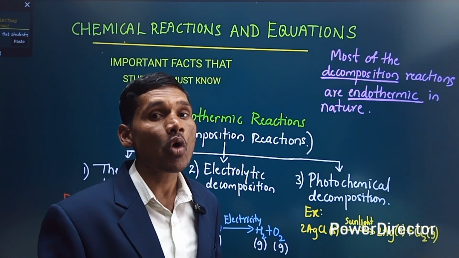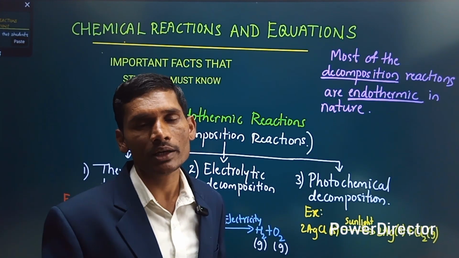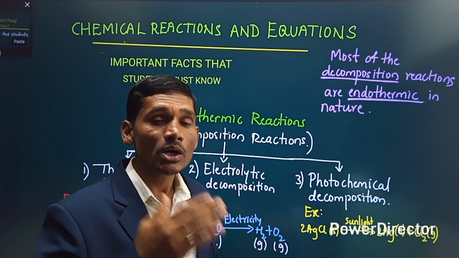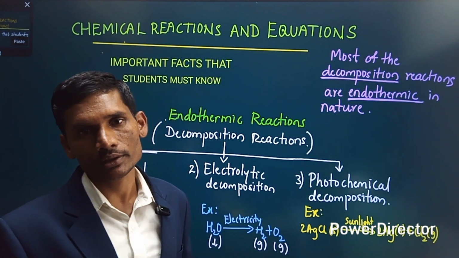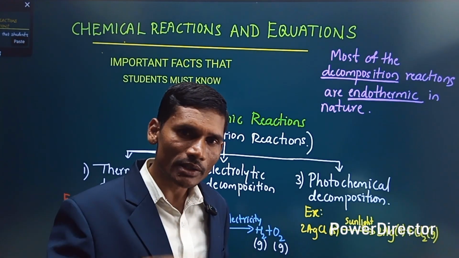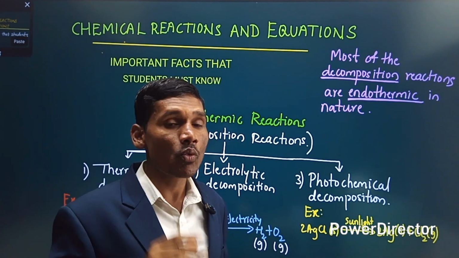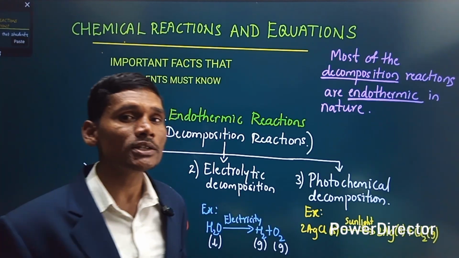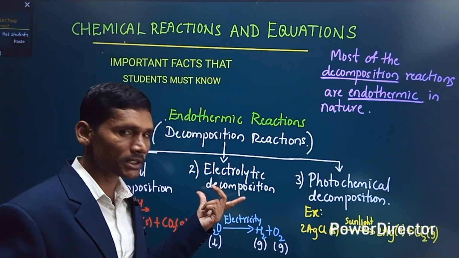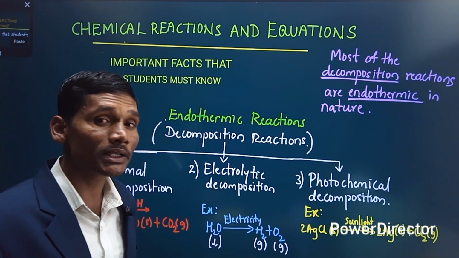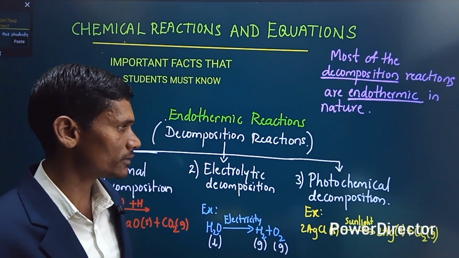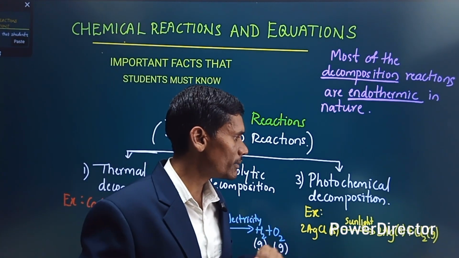What is happening? When you pass electricity through water, usually water breaks into hydrogen and oxygen. So to break that given reactant into two or more products, some energy is required. That energy we are supplying in the form of electricity. Then it is called electrolytic decomposition.